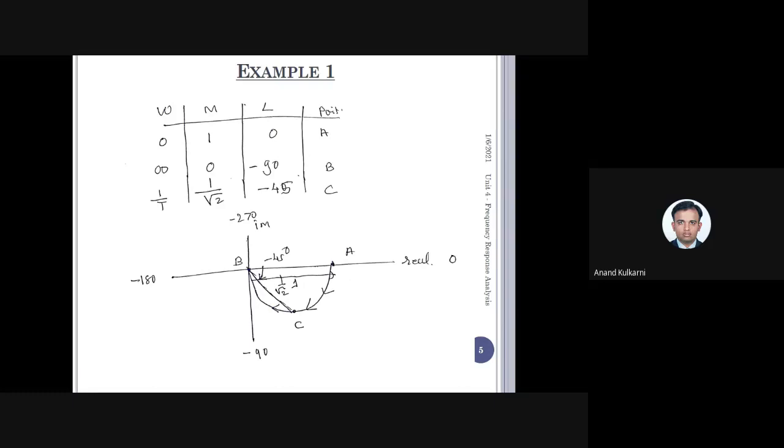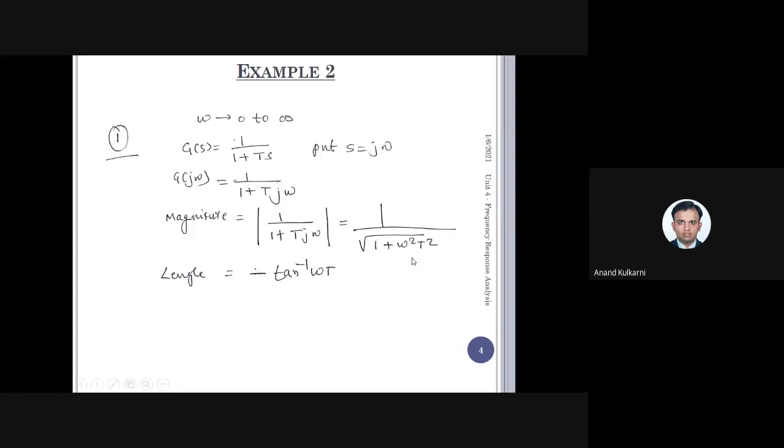There is a very easy thing to understand that we'll see later. So I will take the third point as omega equal to 1 upon t. It is called the corner frequency. Omega is equal to 1 upon t, where t is the coefficient of that.